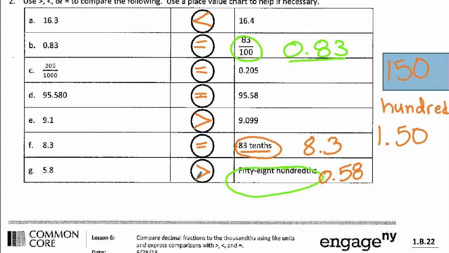At which place? The ones, the tenths, or the hundreds? If I were to stack them on top of each other, in which place are they different? Yeah, in the ones place. So the value was different in the ones place.